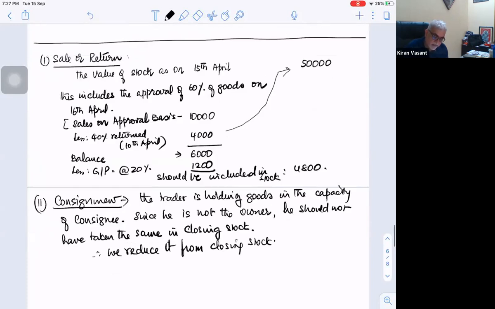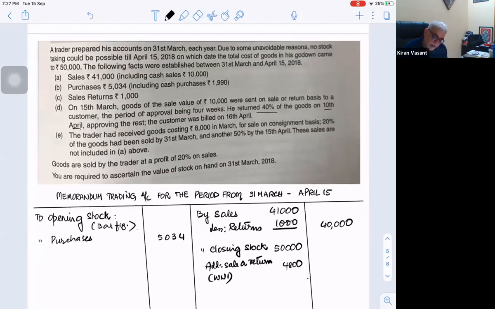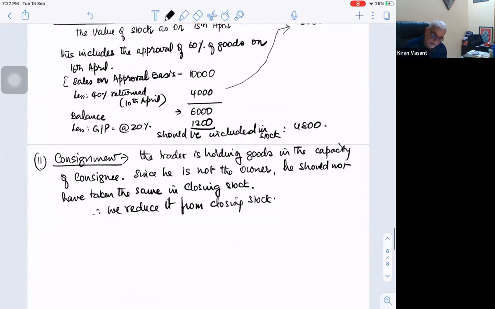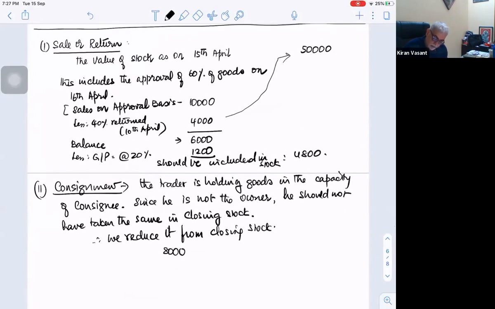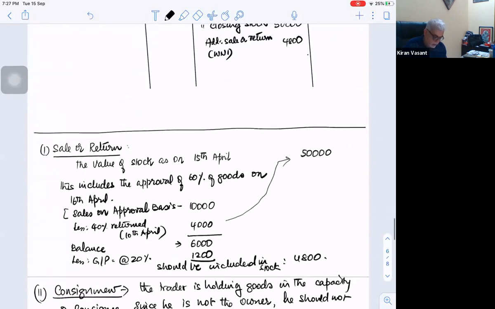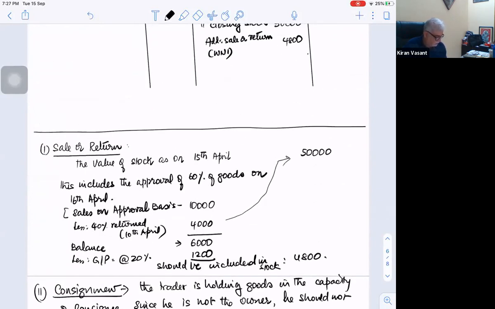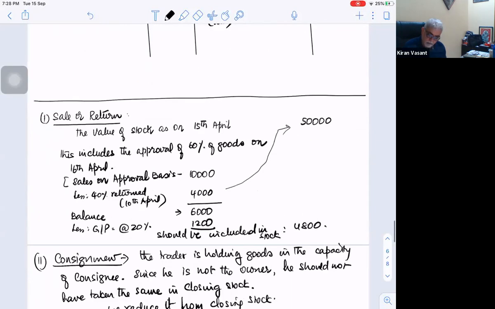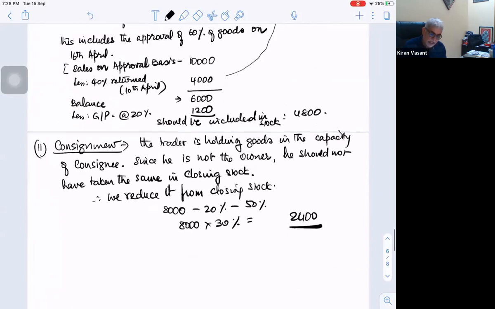How much do you want to reduce? We'll find out. 8,000, 20% and 50% were sold, so balance is 30%. So I will reduce 2,000.